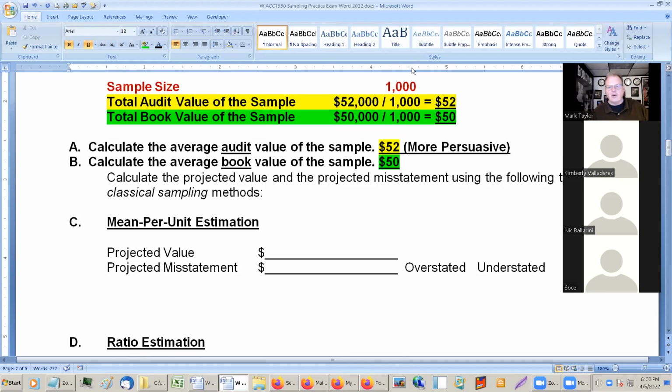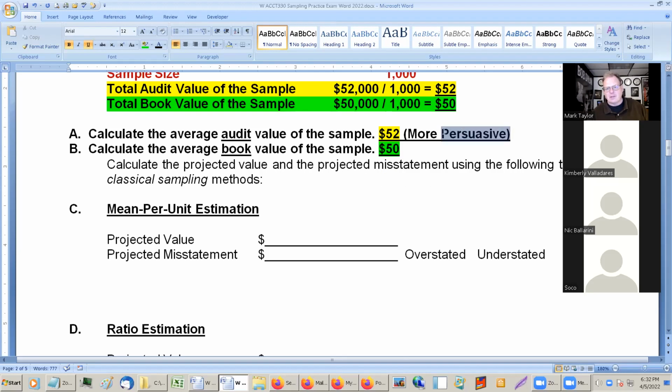Anytime your own work is going to be more persuasive than something someone else hands you. So when we talk about the mean per unit, you say, well, which average are we going to use? You're going to use the audit average, because that is more reliable.